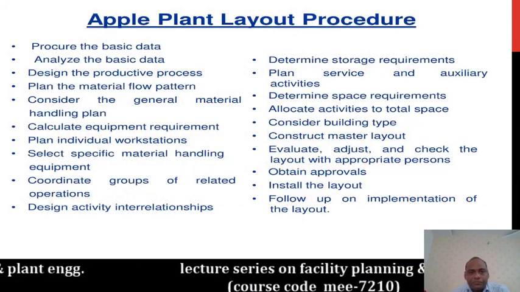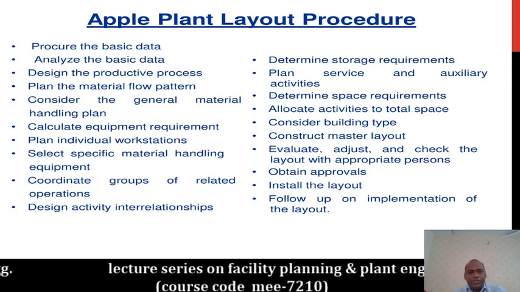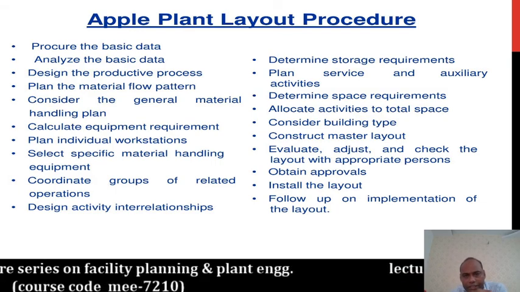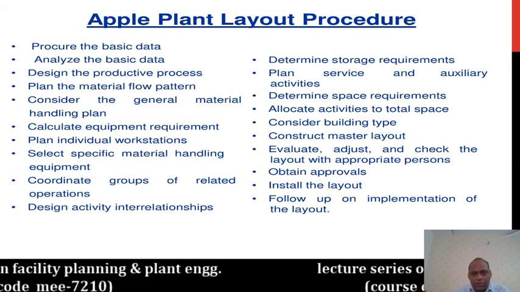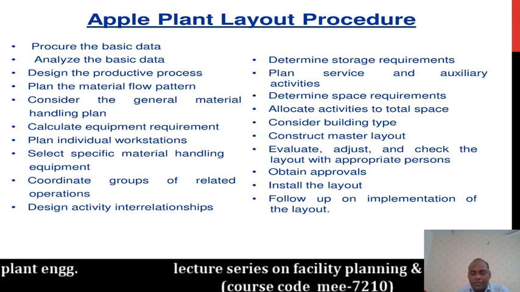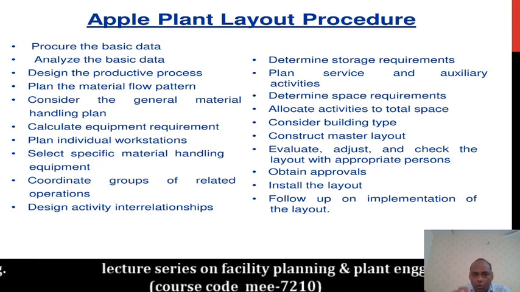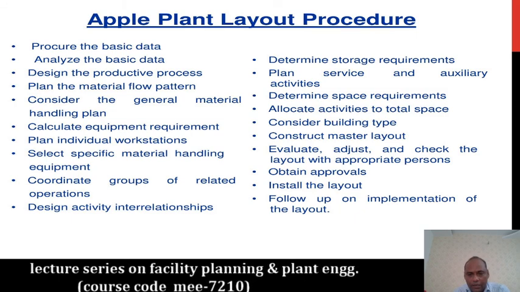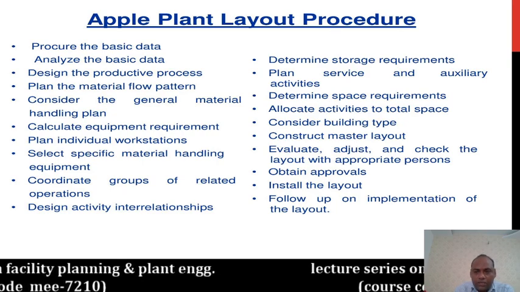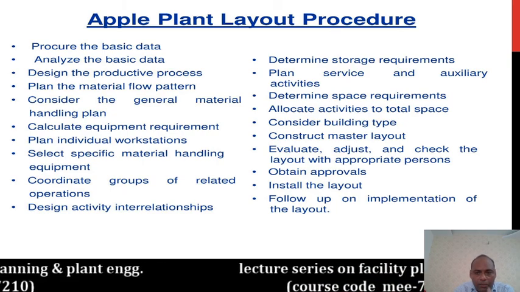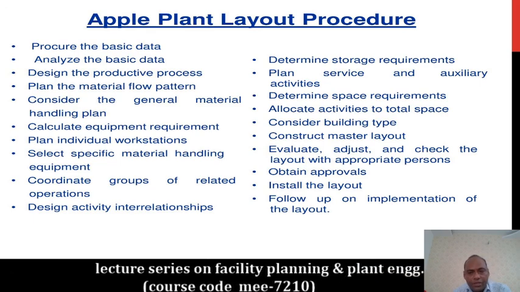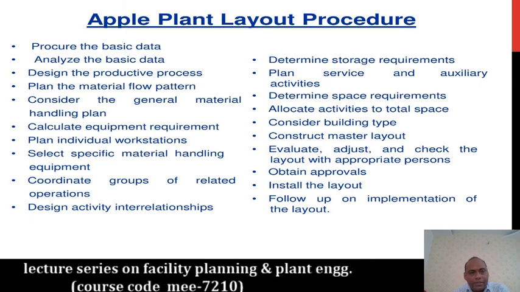With this layout procedure there are some basic points, and on each point you focus on what they are saying. Suppose, procure the basic data. First you need to retrieve the data from the company, from the owners, who want to improve or change something in the industry, or who require some planning.